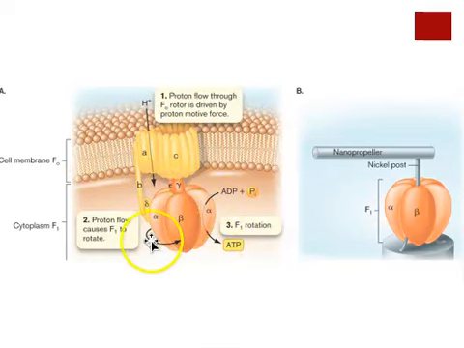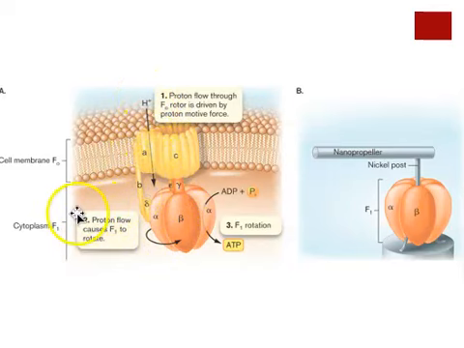The other part of the molecule, what looks like a pumpkin hanging into the cytoplasm, this part is actually movable. It's hanging off of this stalk, as we call it. This thing, this pumpkin-looking portion of the molecule, can actually rotate. It can actually turn around and around on that stalk. So hydrogen ions, which build up out here in the periplasmic space, they're going to flow back in through the yellow part of the ATP synthase and into the cytoplasm again.